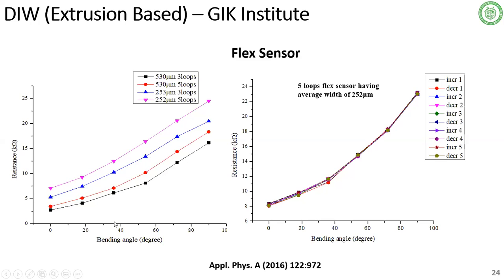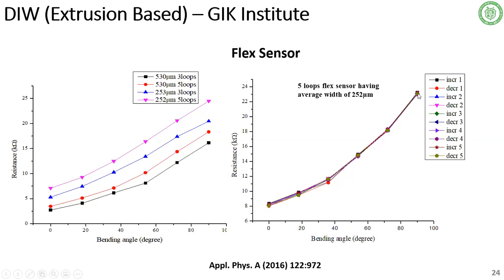So if the resistance is 5 kilo ohm or 6 kilo ohm, it means the bending angle will be 40 if you look at this 530 micrometer, 3 loops structure. So it's a flex sensor used to measure the bending angle.